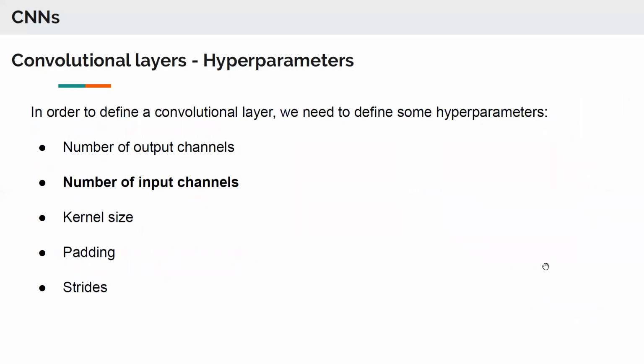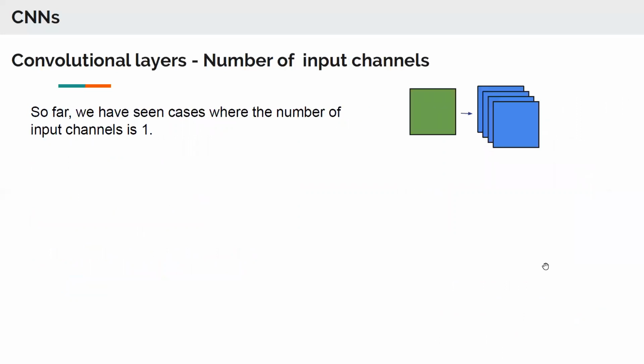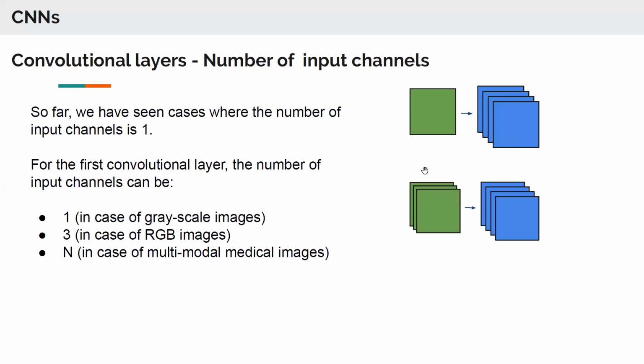The other thing that we should look at is number of input channels. So far we have always seen the case where we had the input image, which was just one channel. But for example, if we have RGB images, then the input image is three channels.